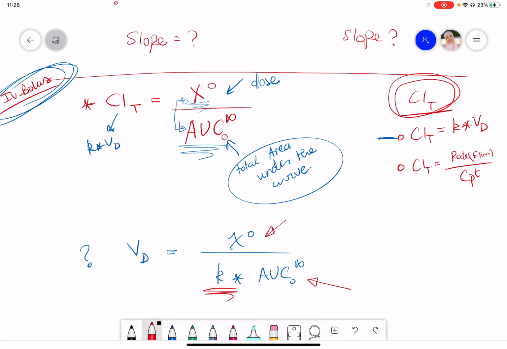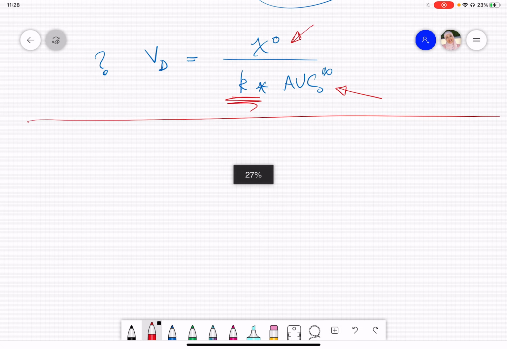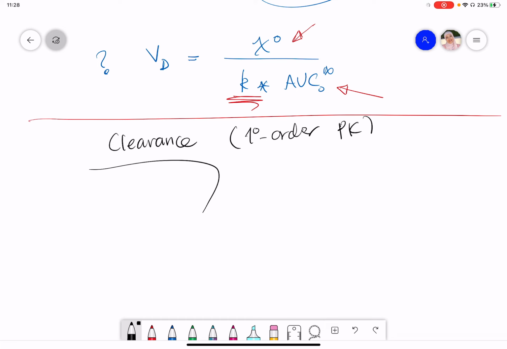So in this class, we had a lot of information related to clearance in general, and more specifically for IV bolus, under first order kinetics. We know that, until this point, for first order or linear kinetics, we have different parameters that are constant.